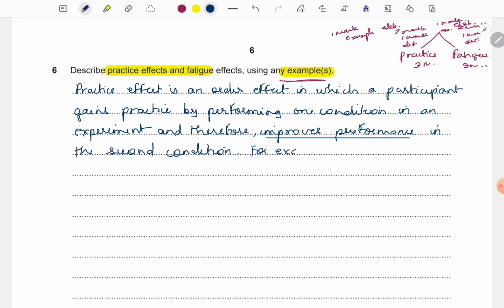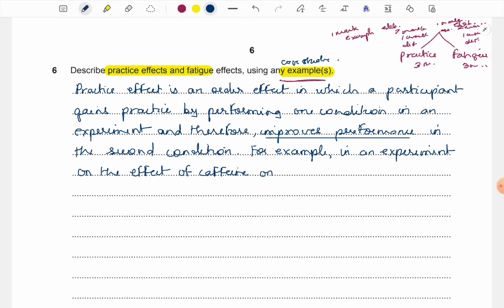So for example, in an experiment on the effect of caffeine on reaction time, I'm taking the textbook example here, though it's not a course study example. See, if they wanted a course study example, they would have mentioned it from any course study. They haven't, which means you can give your own example. If you want, you can give one from course study. The Android study is repeated measures.